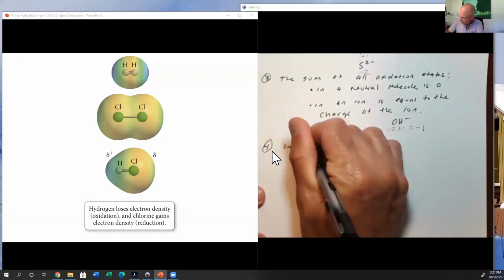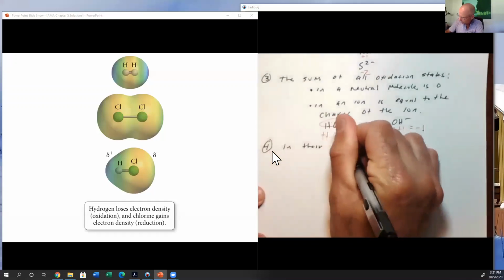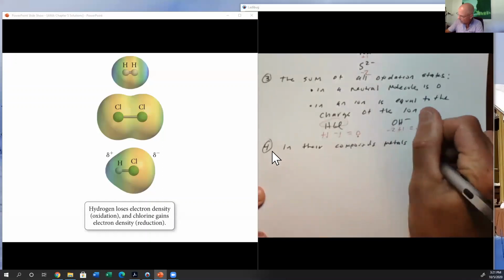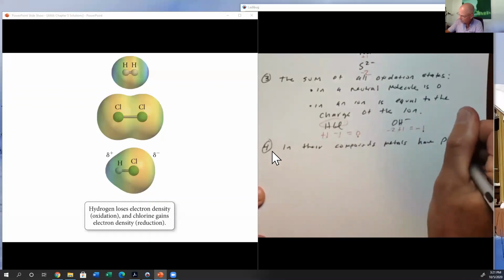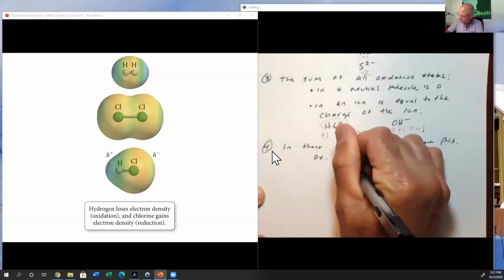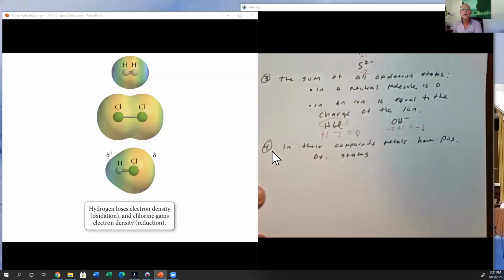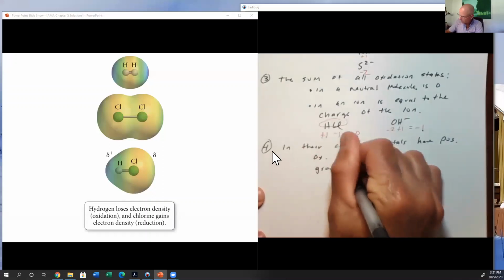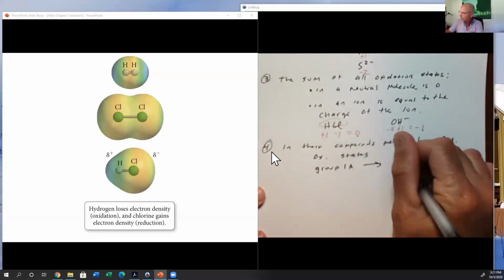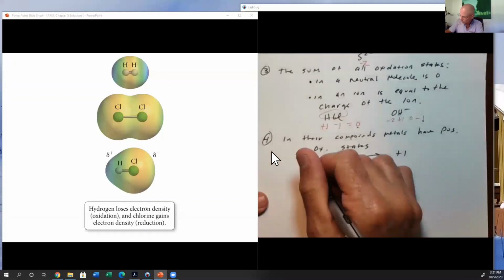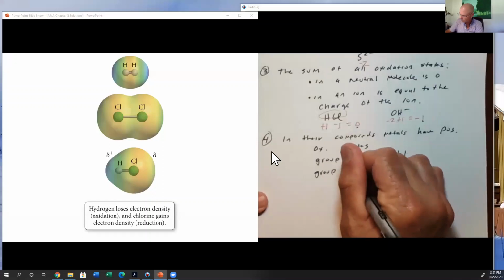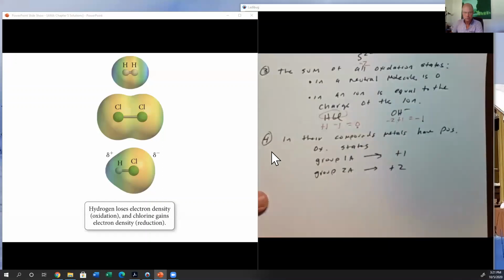In their compounds, metals have positive oxidation states, and some metals always have the same oxidation state. So group 1A metals are always +1. Group 2A are always +2.